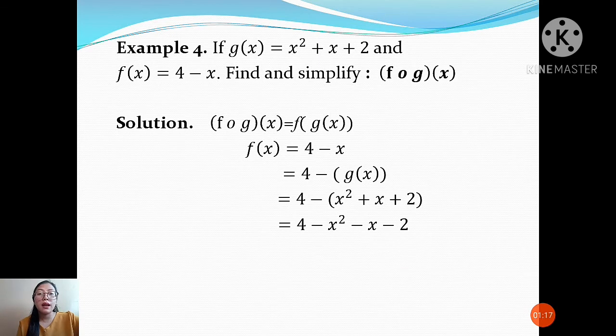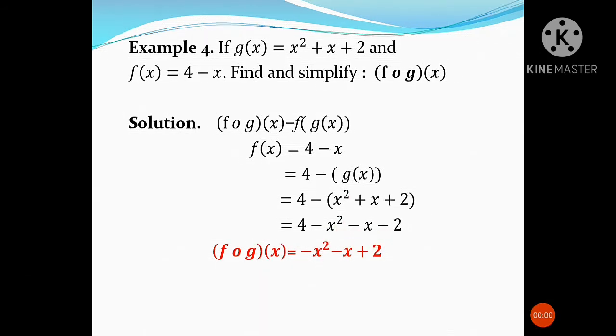Now combining like terms, for the final answer, it is negative x squared, then negative x, then positive 4 plus negative 2, which is positive 2. So f composed with g of x is negative x squared minus x plus 2.